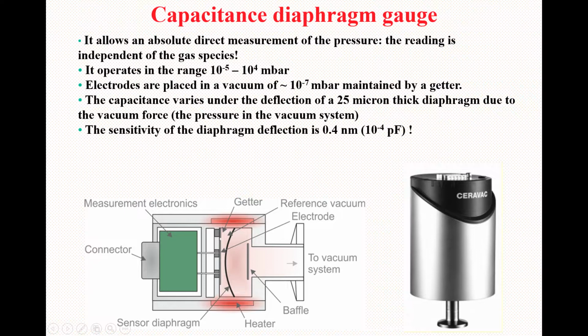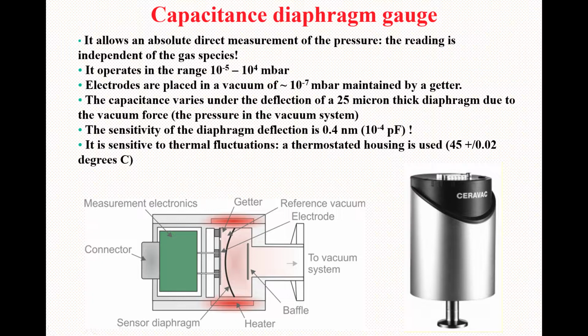So the sensitivity of diaphragm deflection is 0.4 nanometer. That is, these measurements correspond to 10 raised to power minus 4 picofarad. This is the sensitivity of the diaphragm deflection, and the corresponding capacitance of this kind of gauge. It is sensitive to thermal fluctuations, so a thermostated housing is used at a temperature of about 45 degrees centigrade.